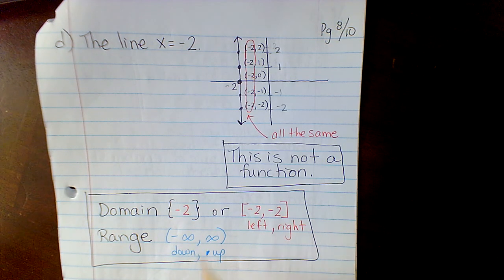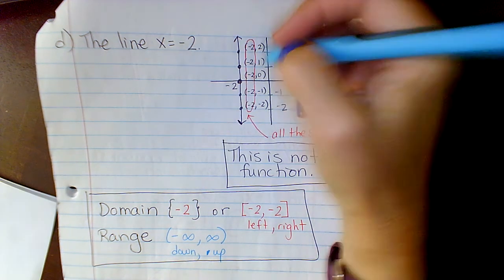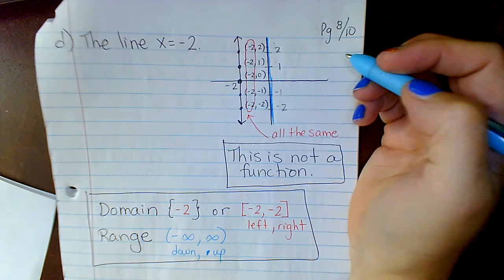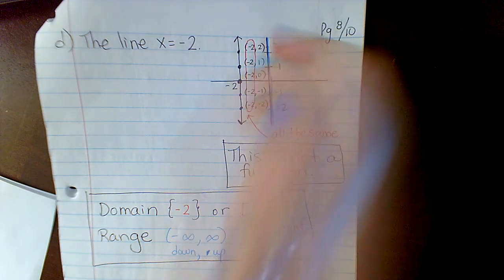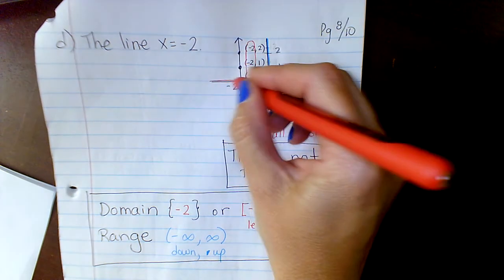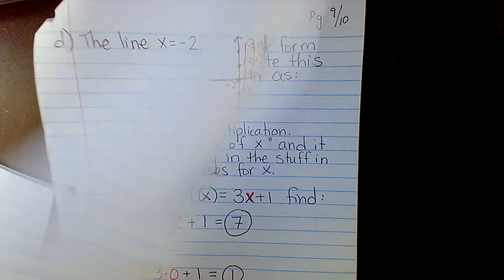The range, however, is the down to up. So how far up does this thing go? Well, it goes up to infinity, it goes down to -infinity. So our domain here, remember, is the left to right, and the range is the down to up.